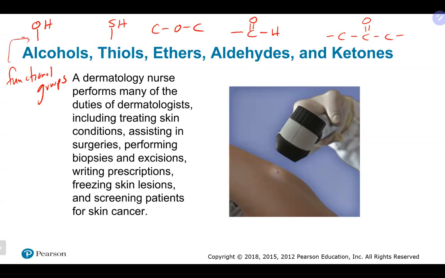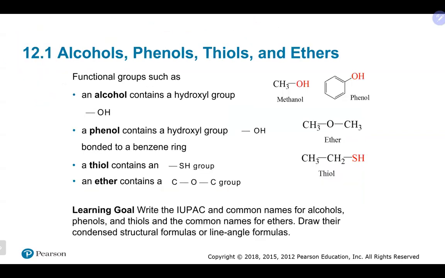And again, depending on which functional group we're looking at, we'll see some different properties in terms of solubility in water, or boiling points higher or lower than what we see in alkenes. So we're talking about them individually here.